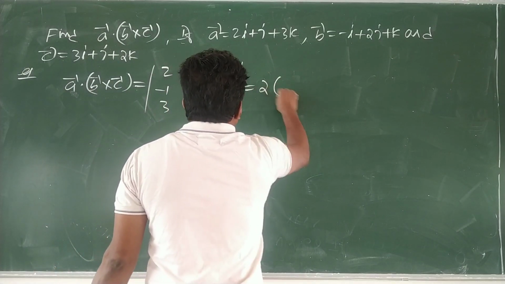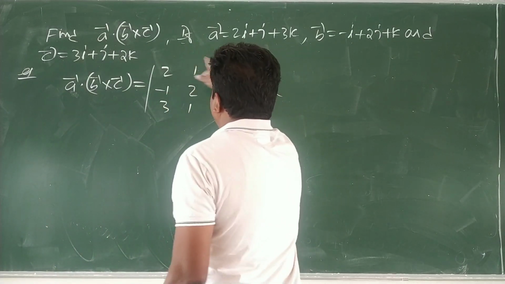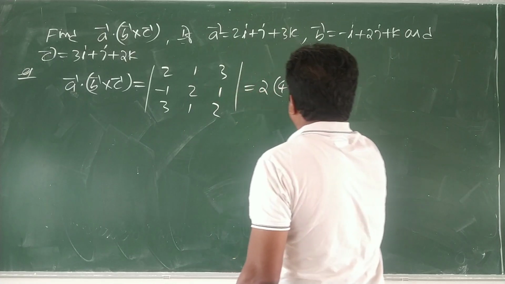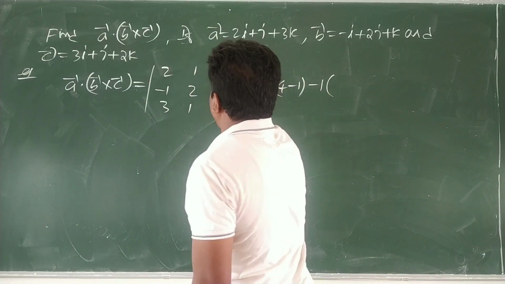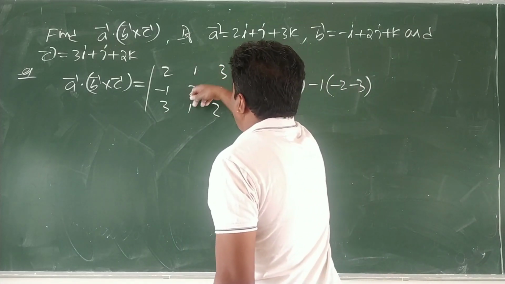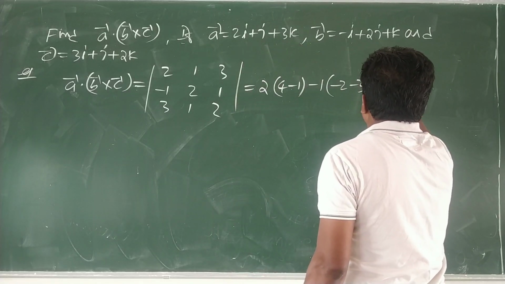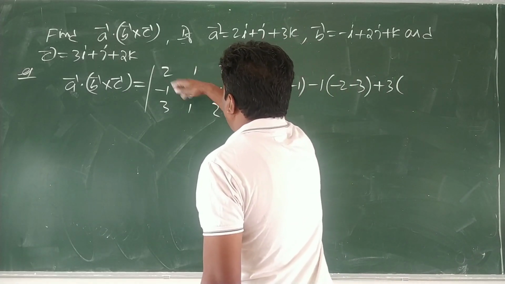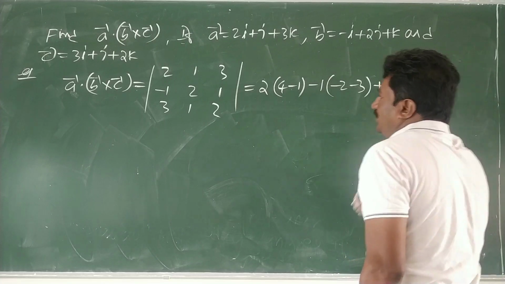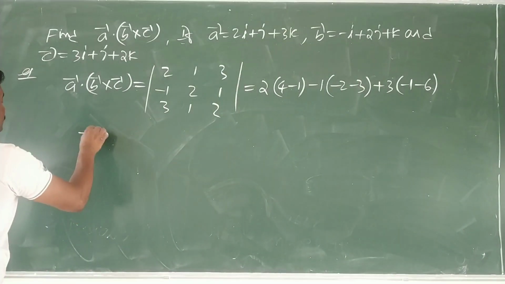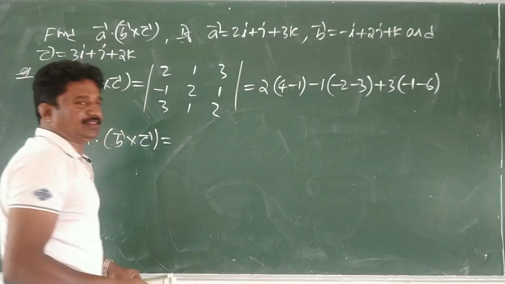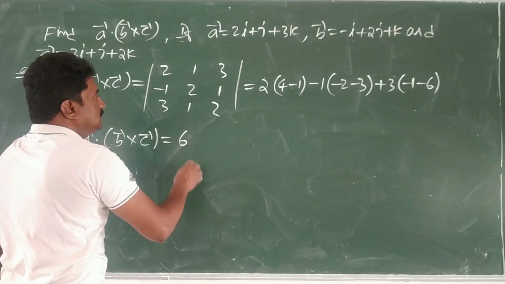2 into first row, first column: 2 2s are 4, minus 1, that is 3. 3 2s are 6.